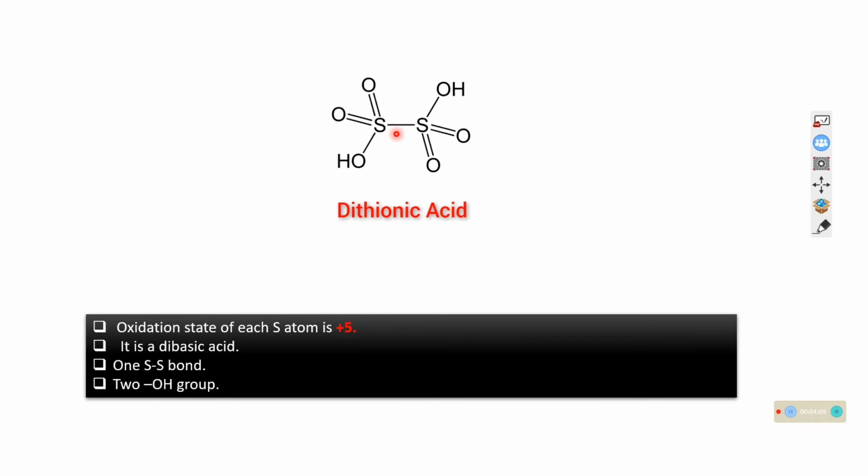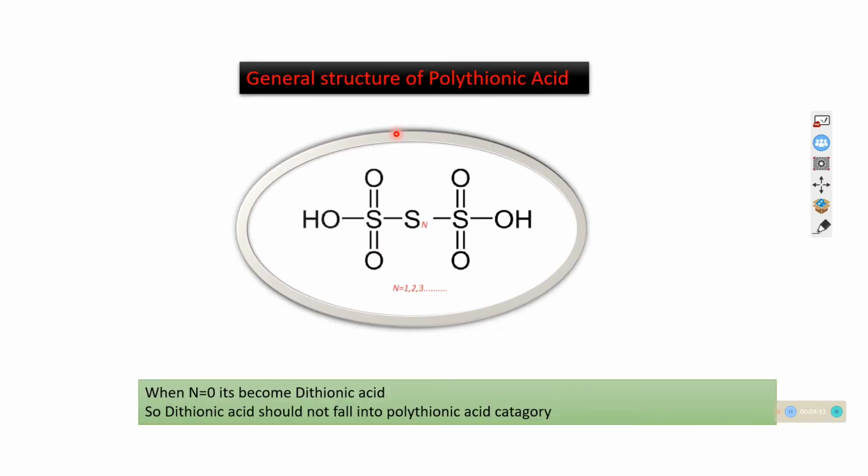Next, we will discuss polythionic acid. This is the general structure of polythionic acids. The minimum value of n is 1.